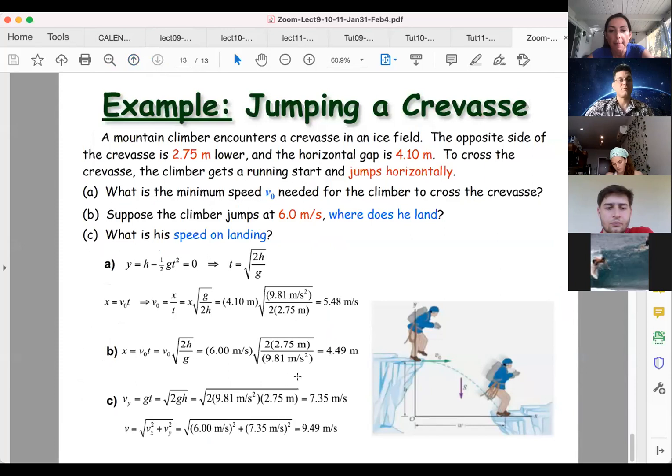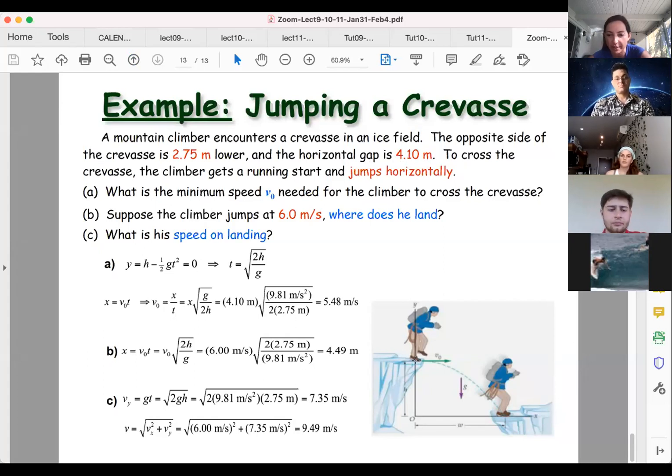Here we have, for example, a mountain climber that encounters a crevasse in an ice field. Sorry for my accent, I never know how to pronounce it. The opposite side of the crevasse is 2.75 meters lower, and the horizontal gap is 4.10 meters.